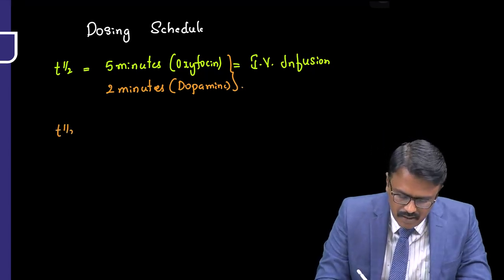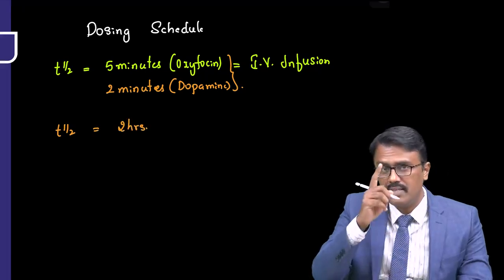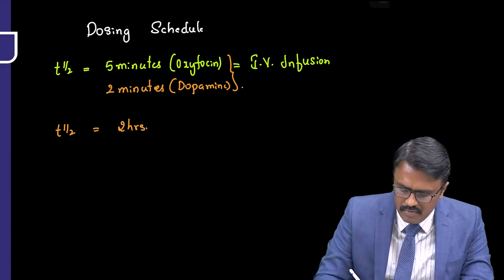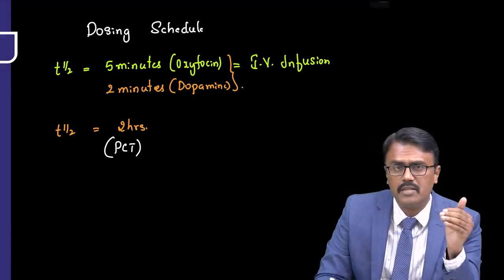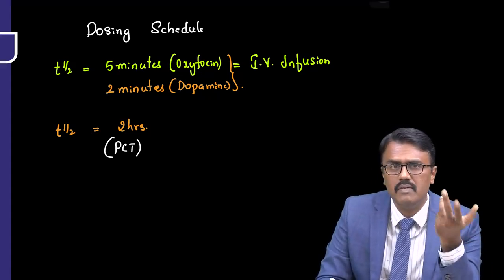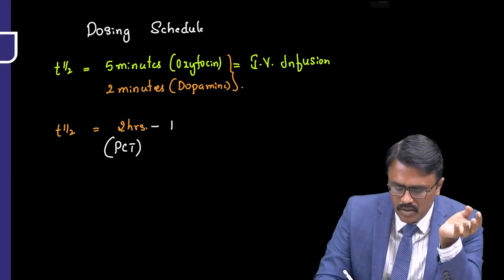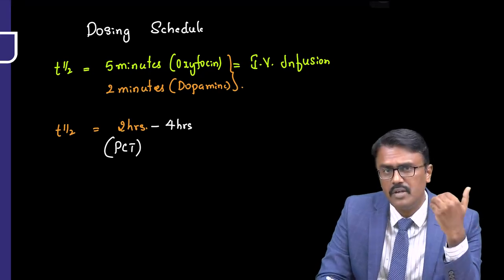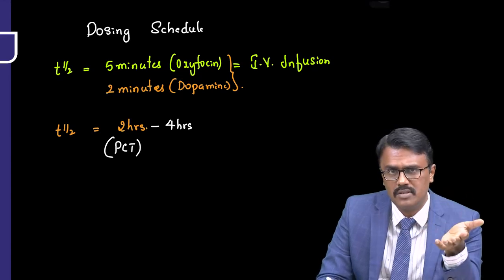Suppose the half-life of a drug is 2 hours. Let me give a classical example: the half-life of paracetamol is 2 hours. Do you think I have to give paracetamol every 2 hours? The patient will not take it. So if the half-life is between 2 to 4 hours, we try to increase the duration of action. How? By increasing the dose, we double the doses.